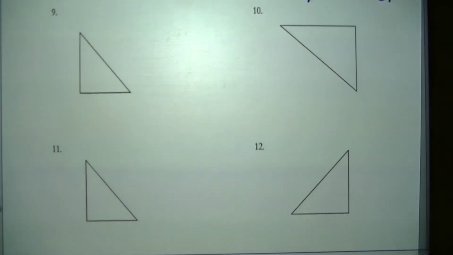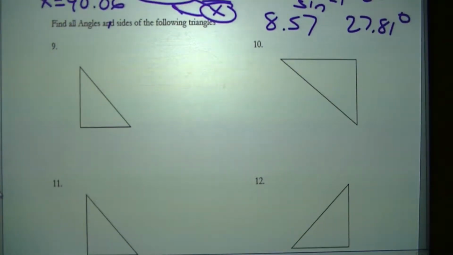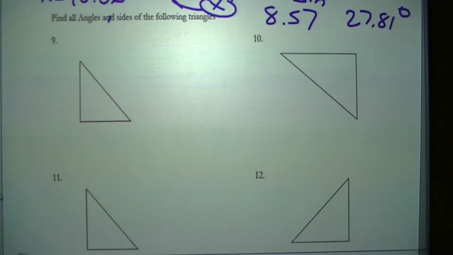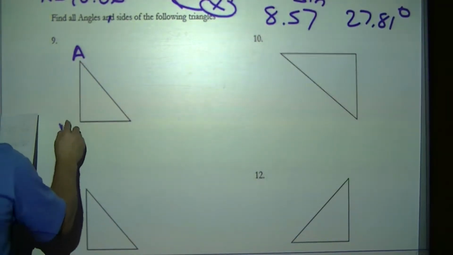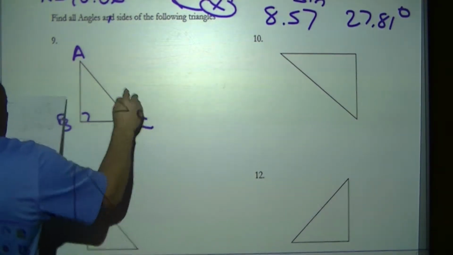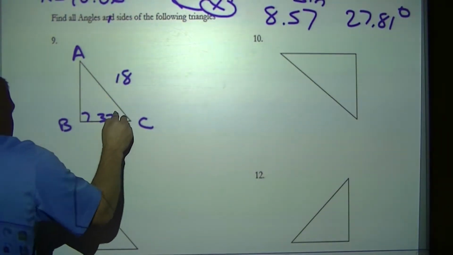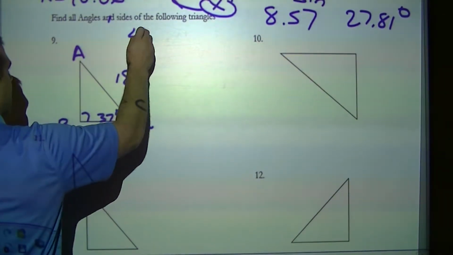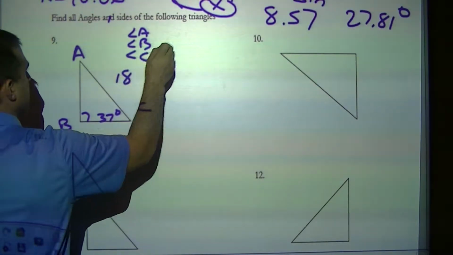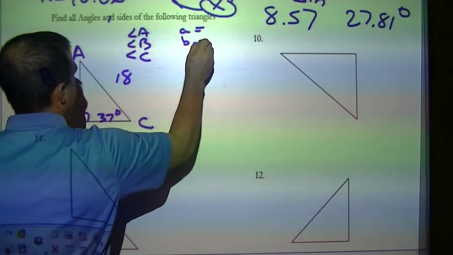Number 9 through 12. It says find all the angles, find all the sides. What I have is A, B, and C, 18 and 37. You want to write angle A, angle B, angle C, side little a, little b, little c.